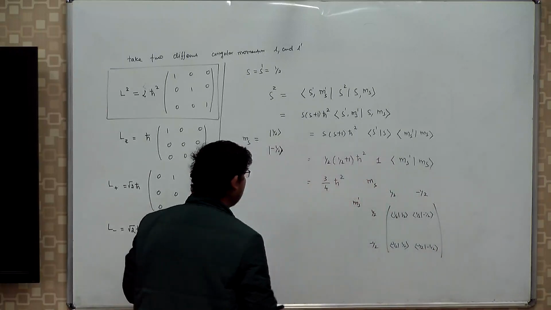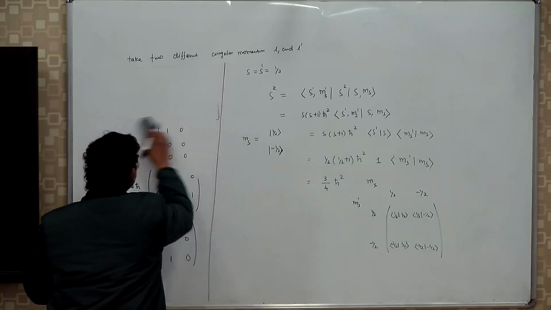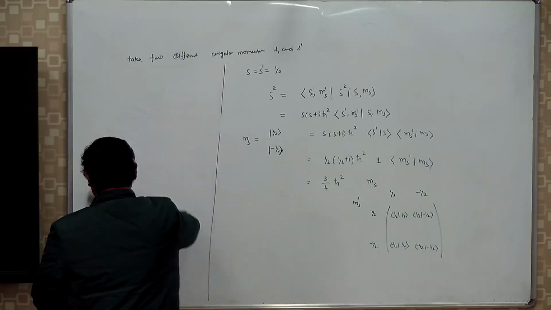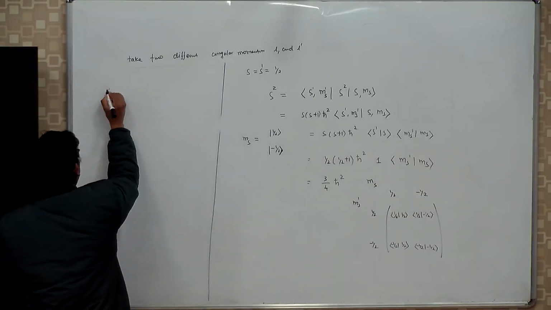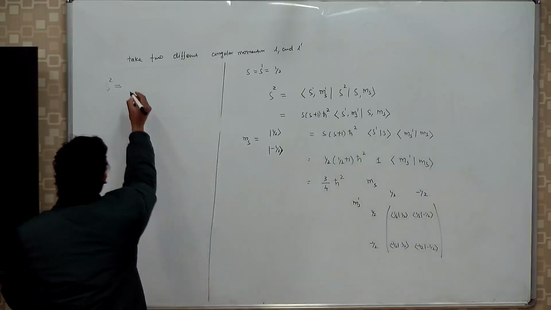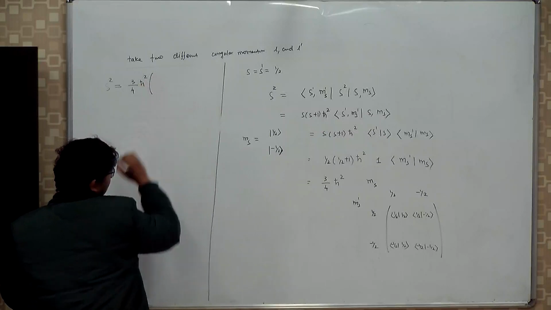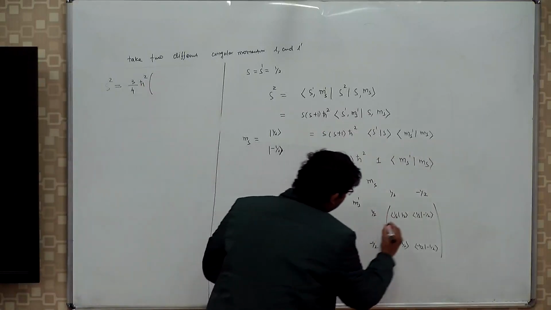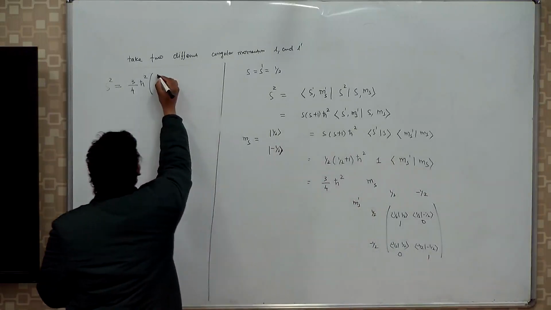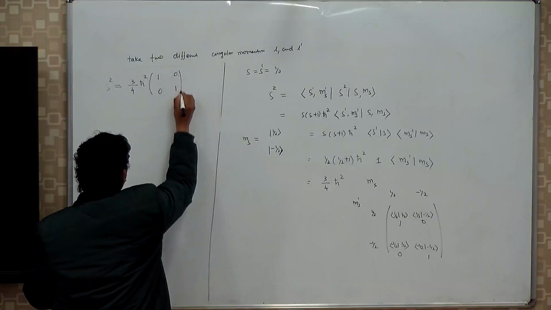So further, this can be written as the value of total spin angular momentum S squared as 3/4 h cross squared, times the matrix 1 0 0 1.